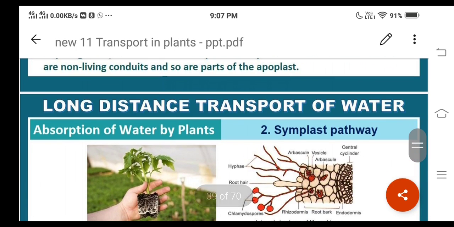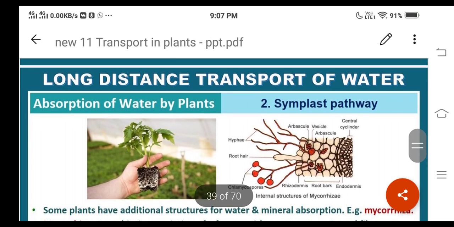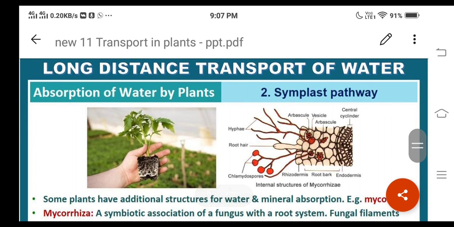Then let us move on to one more concept. In the last paragraph, how is the absorption of water increased in plants? It is mainly due to the presence of mycorrhiza. This is one special aspect: how water absorption is increased through the association of mycorrhiza.